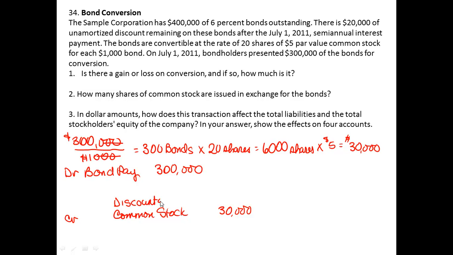So we're going to credit discount on bonds payable, and what we're retiring is 300,000 of the 400,000 in bonds, or 3/4 of them. The discount account has a balance of 20,000. So 3/4 of 20,000 is 15,000.